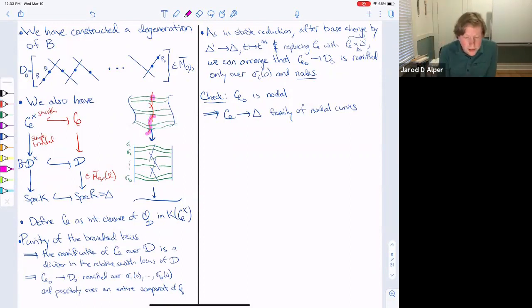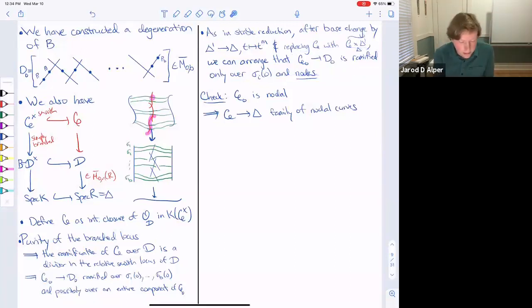But if it's branched over an entire component, you can do a trick similar to what we did in the proof of stable reduction: if it's branched over a single component, then that fiber is non-reduced. So you apply essentially Abhyankar's lemma, which is easy in characteristic 0: you base change by t goes to t to the m, where m is the multiplicity of that component. You normalize, and then you can arrange that the central fiber is only ramified over nodes.